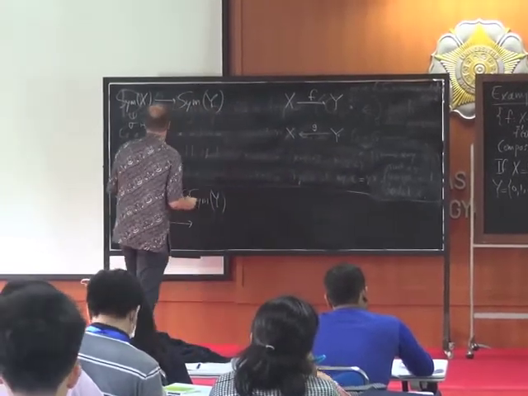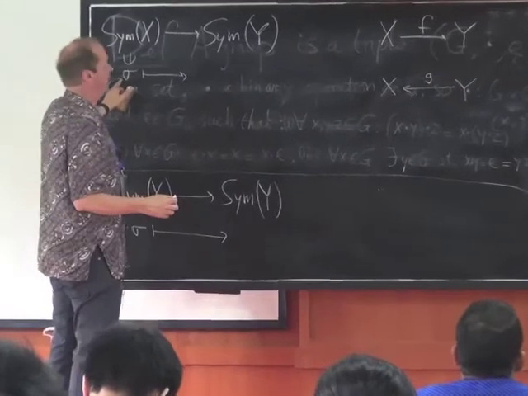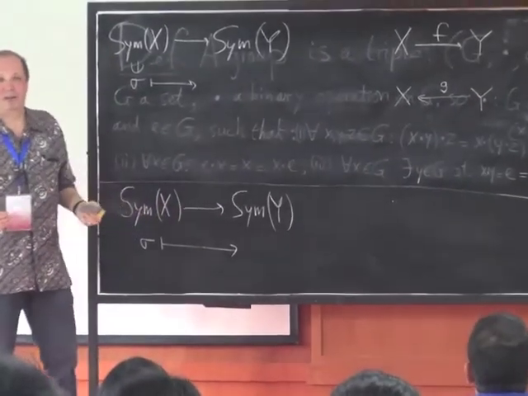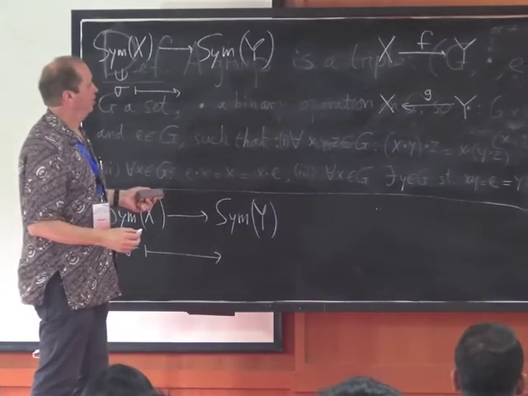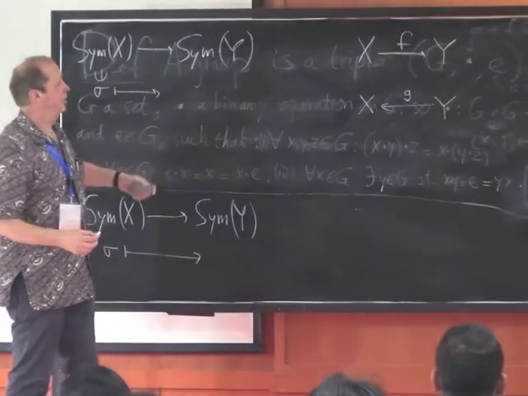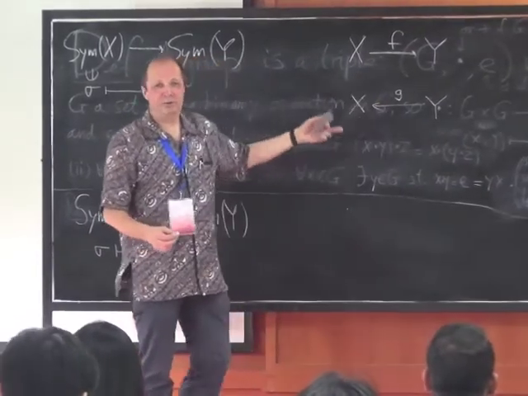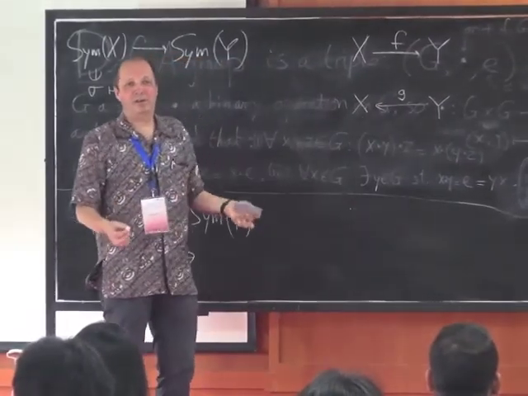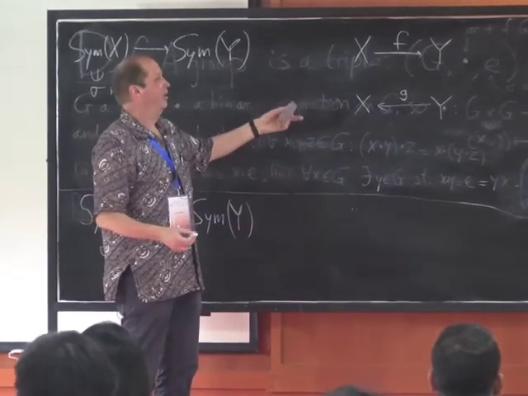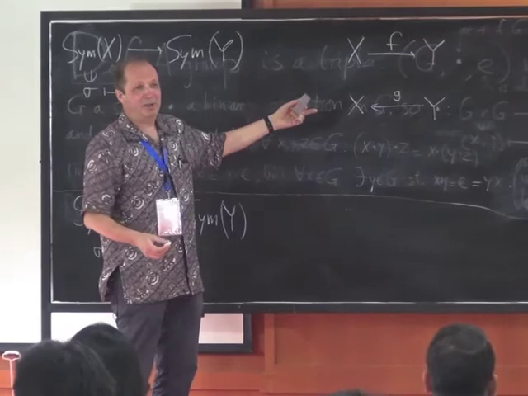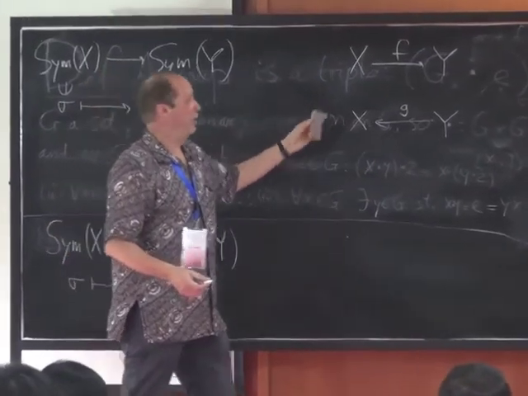With composition of maps we write such diagrams, and of course that doesn't add anything really to the understanding of what happens, but visually it makes your life a lot easier to write down things.